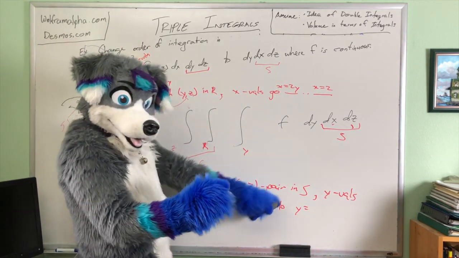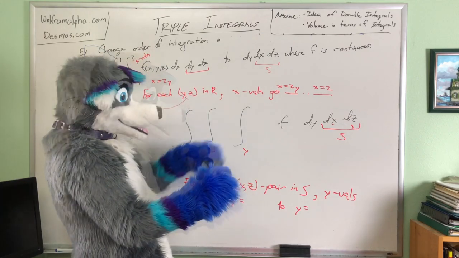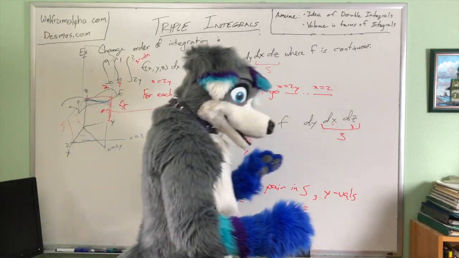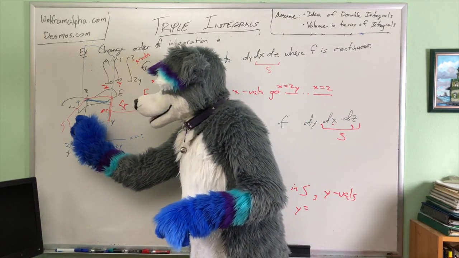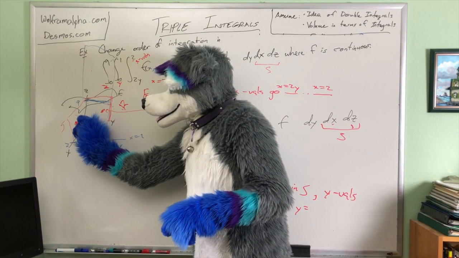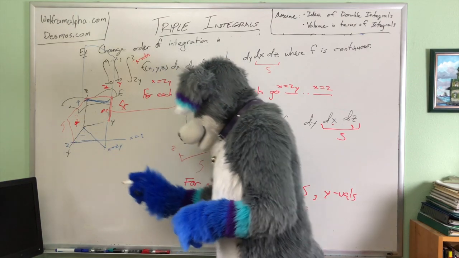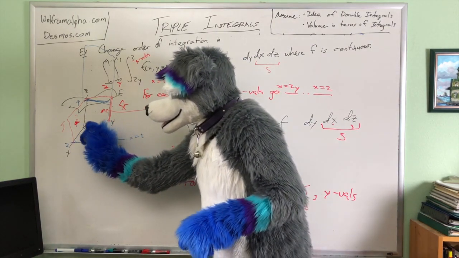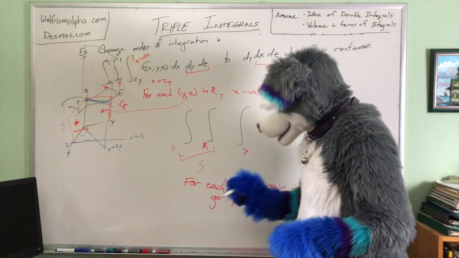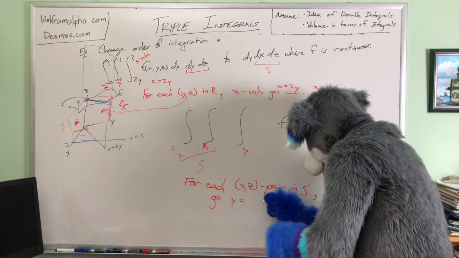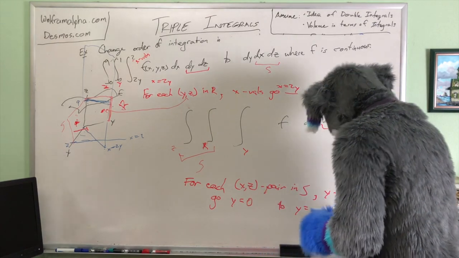As soon as I fill in these blanks here, I'm close to done. If I get out of the way, for each pair in here, in S, my y values go from 0 out to my wall. So they go from 0.